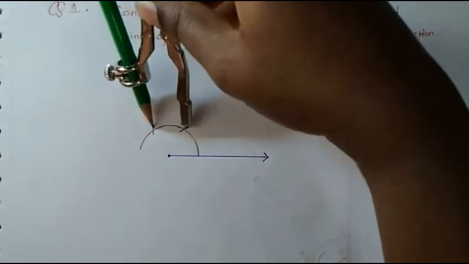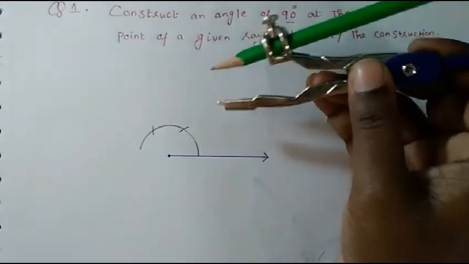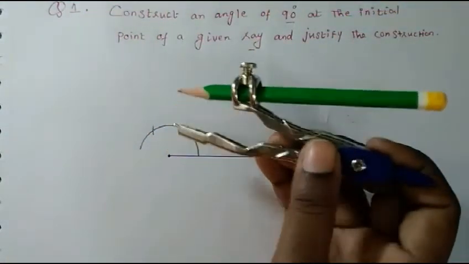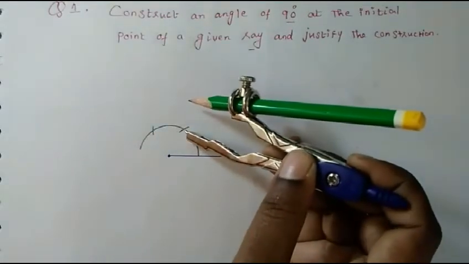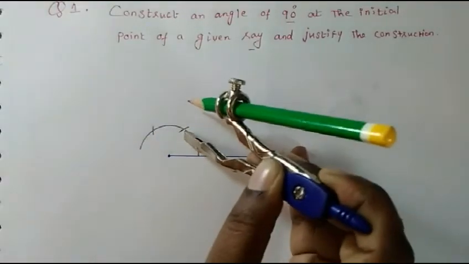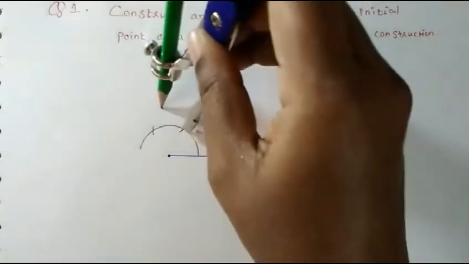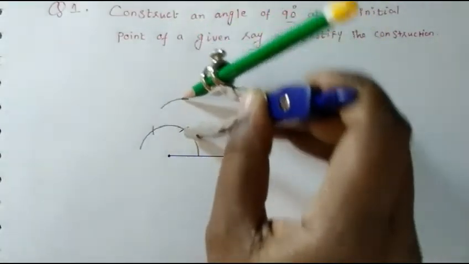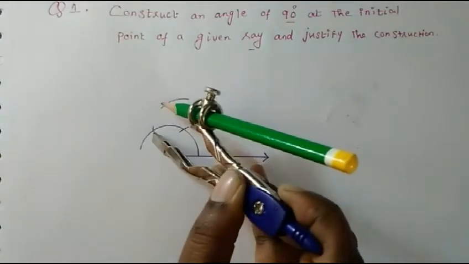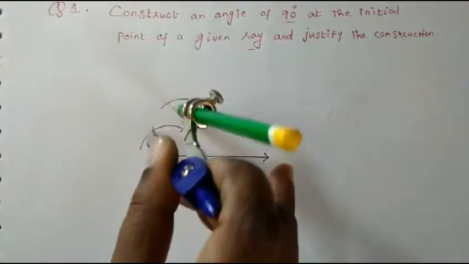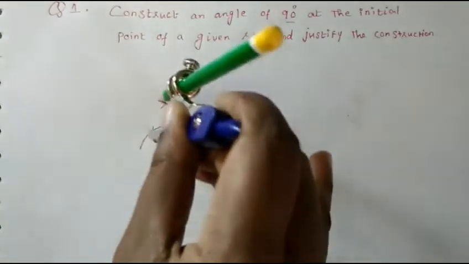This becomes your 120. Now without changing the measurement, keep the compass on the 60 point where you did, and draw one arc. Now keep it on the second point where it is 120, and intersect this.